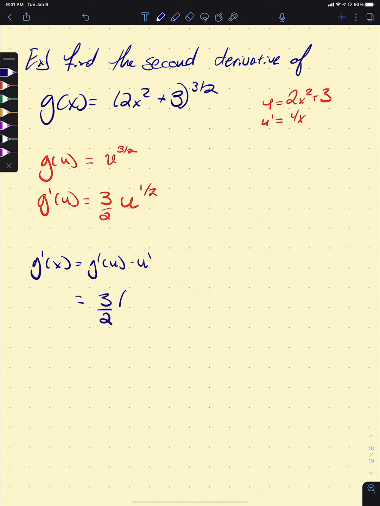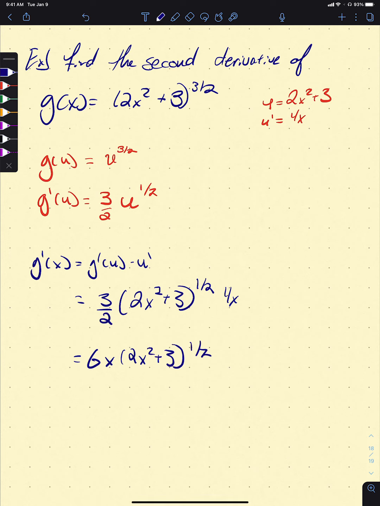Which is going to be 3/2. Now we do all of our substitutions: (2x squared plus 3) to the 1/2 times 4x, okay? And if we simplify that, right, we're getting 6x times (2x squared plus 3) to the 1/2.